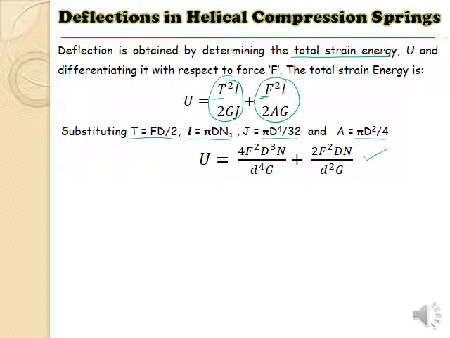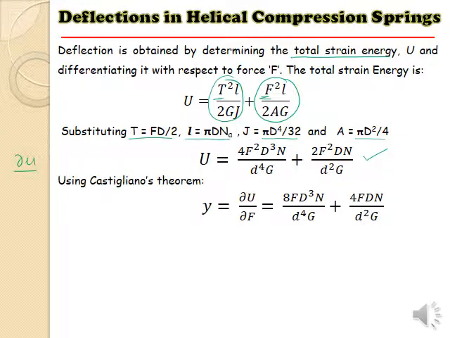Now, why is the equation for U important? Because according to Castigliano's theorem, if we take the derivative of U with respect to the deflection, we will get force. And if we take it with respect to force, we will get deflection.